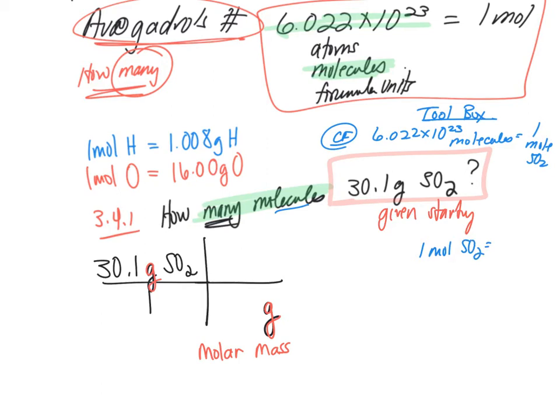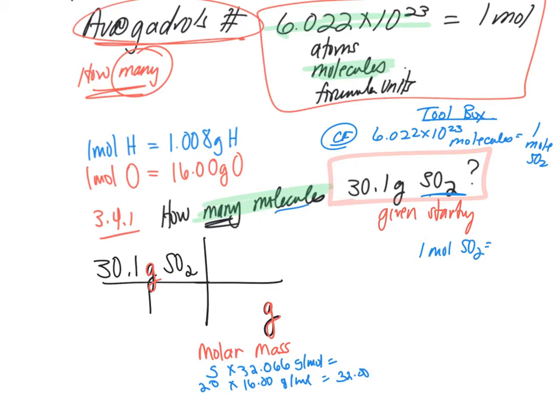So what's the molar mass? We have 1 sulfur and 2 oxygens. So 1 sulfur is 32.066 grams per mole. And then 2 oxygens times 16.00 grams per mole. So 16 times 2 is 32.